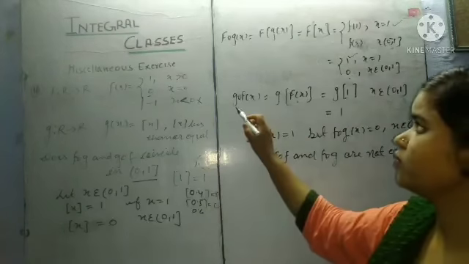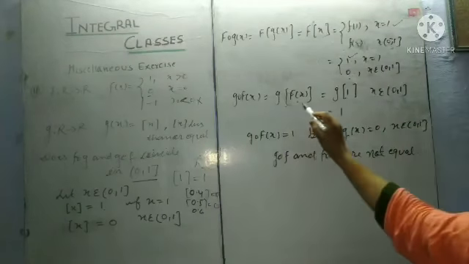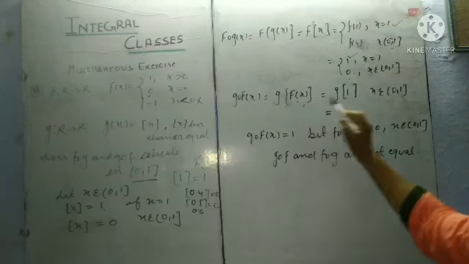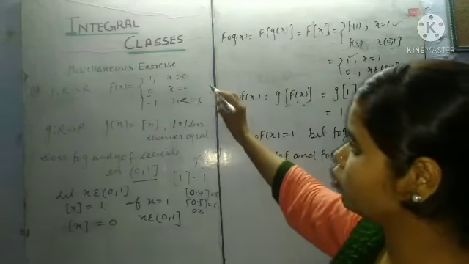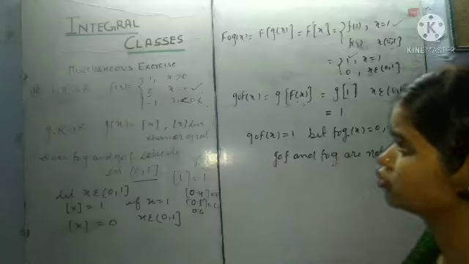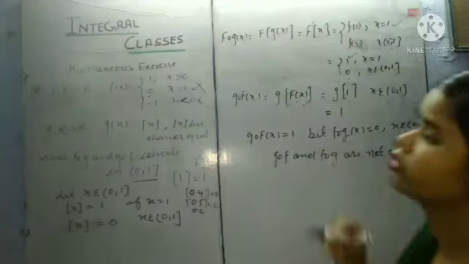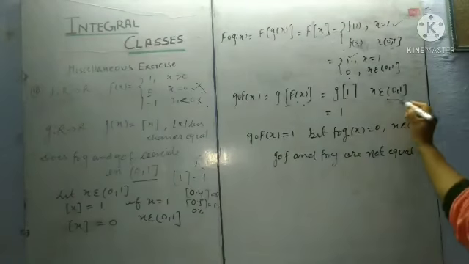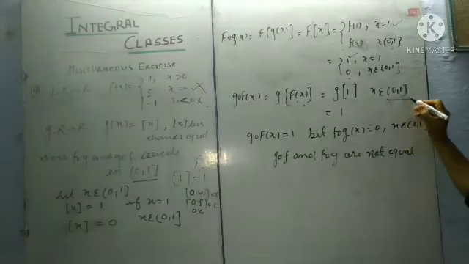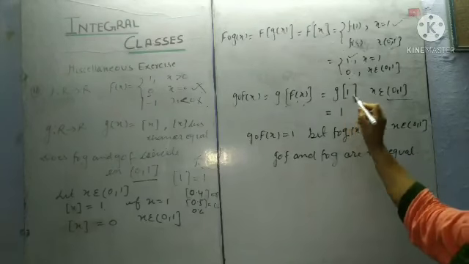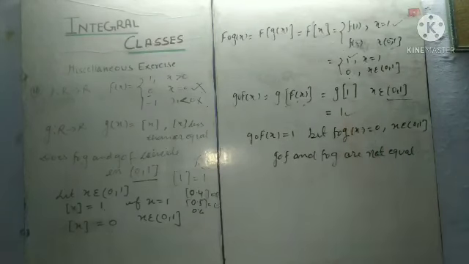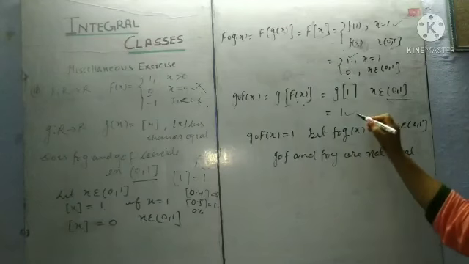Now on the other side we will find gof. g of f(x) is equal to what? We will not consider x equal to 0, because the interval is given as 0 to 1. So now we put f(x) equal to 1. So g(1) is equal to what? g(1) is equal to 1.